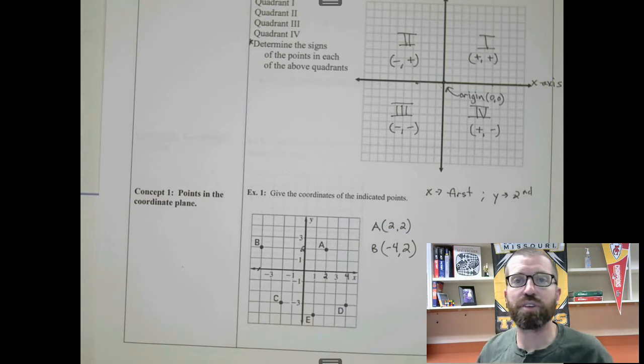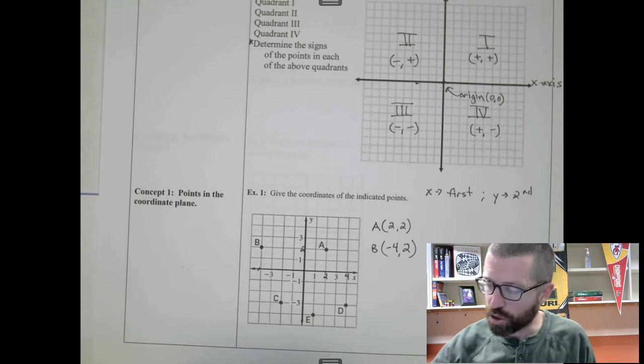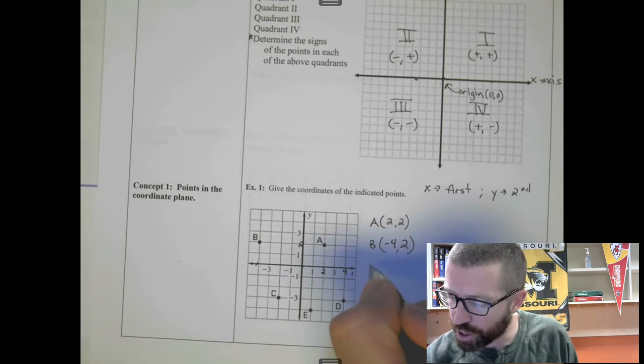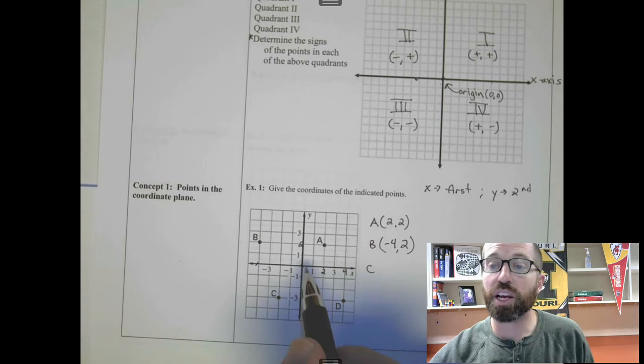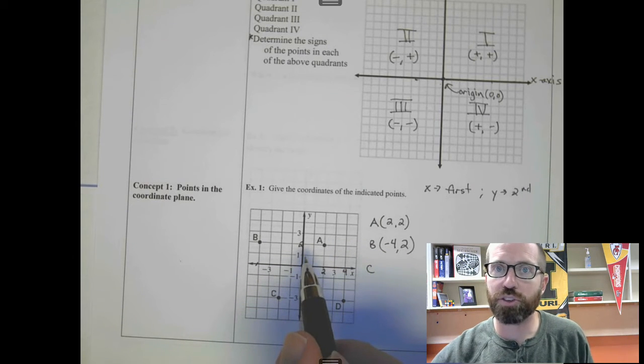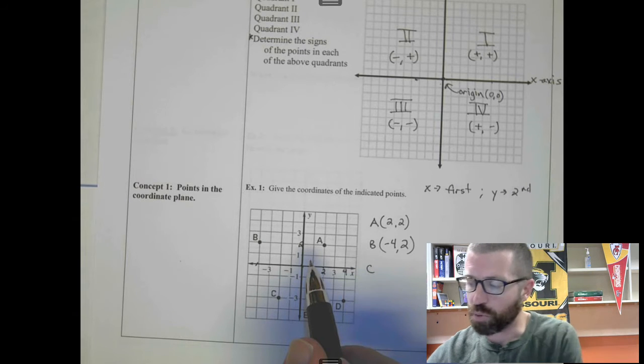Think of this, especially if you're having trouble, like visualize yourself in the plane. Think about you standing on the plane, and as you count to point C, how would you walk to point C? There are a lot of different ways you could walk, but say I said you could only walk left or right first, and then you can walk up or down. What would you do?